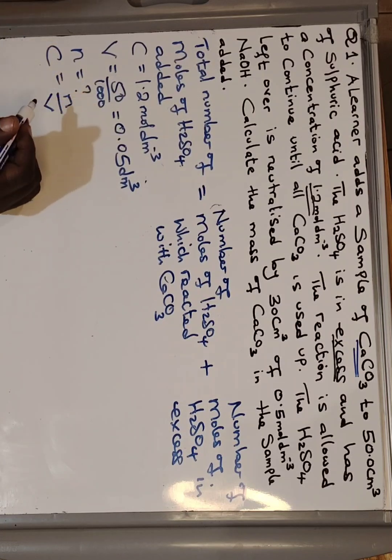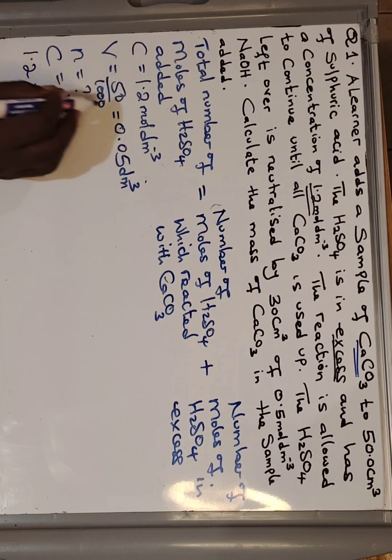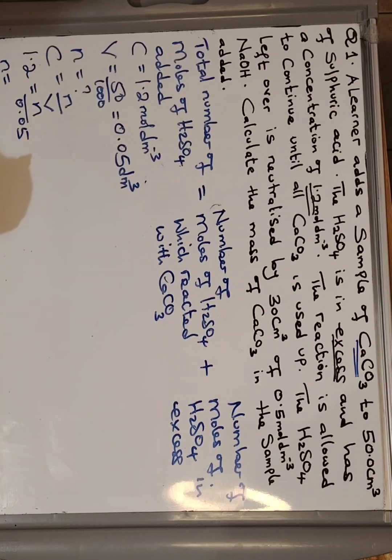Concentration is equal to number of moles per unit volume. The concentration is known, it's 1.2. Number of moles are needed. The volume is 0.05. So what do we get as our n after computation?